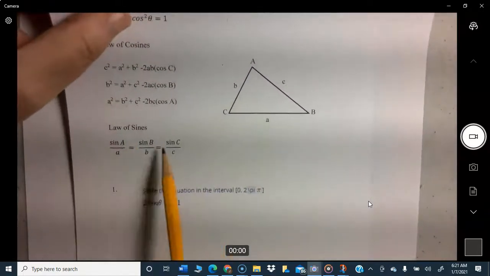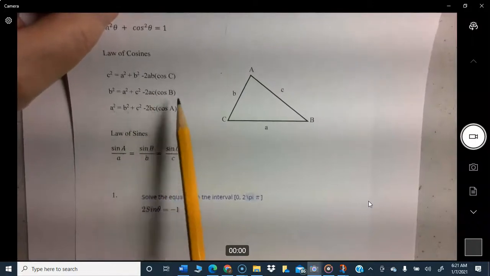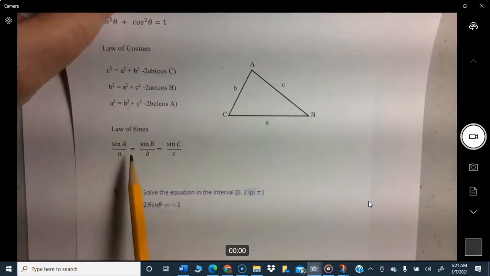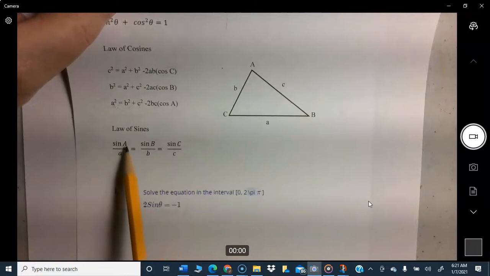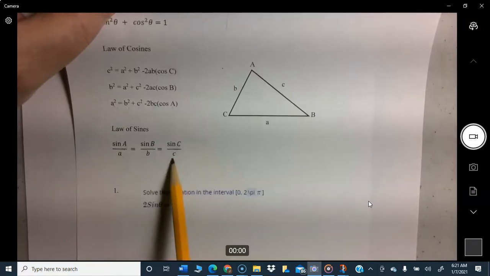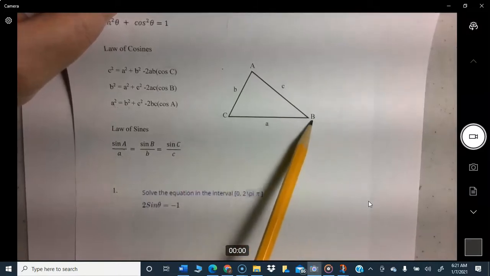If you can use the law of sines, it's easier. In order to use the law of sines, you have to have a particular angle and its corresponding side. So sine A over side A, sine B over side B, sine C over side C. You notice that they're opposite each other.